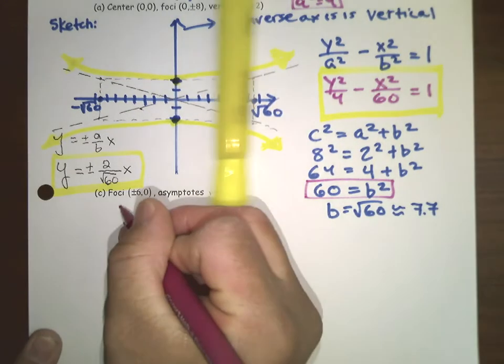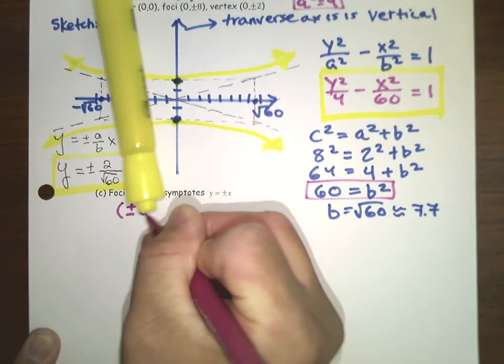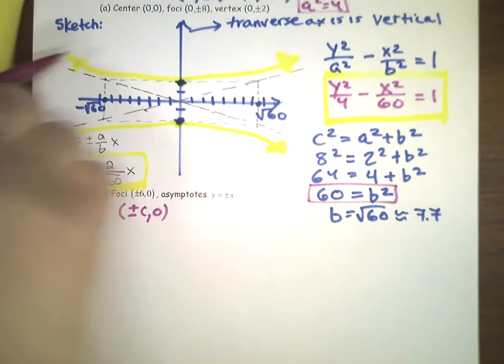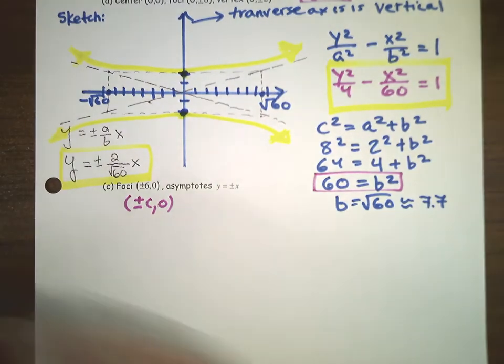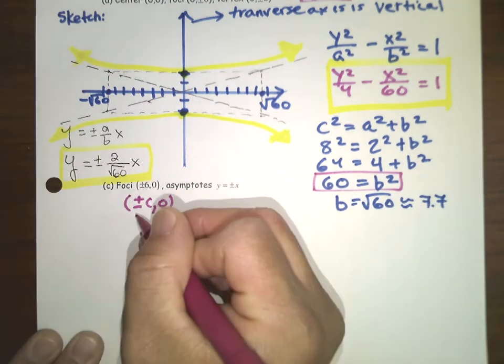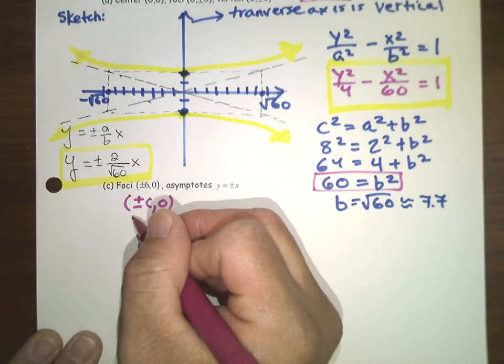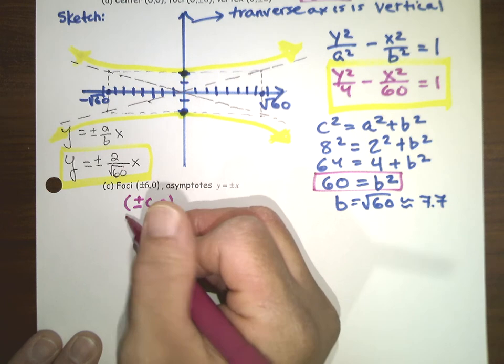So here we see that the foci are at plus or minus c, 0, and so that means that the transverse axis is going to be horizontal, because the foci are always on the transverse axis.